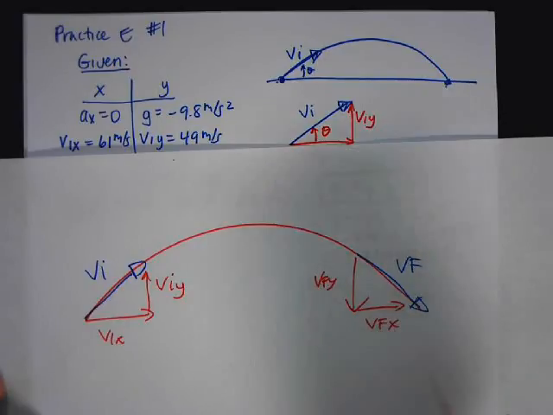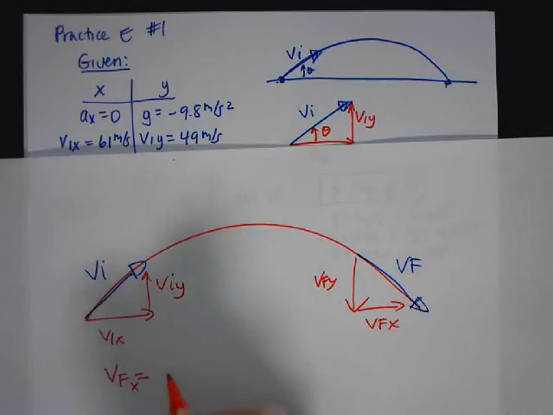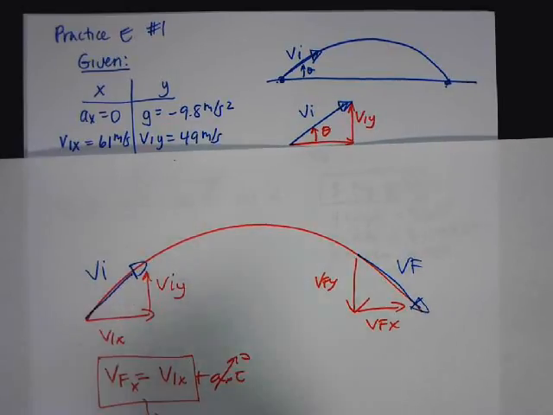Now, remember the other day we said VFX is equal to VIX plus AXt, but because AX is 0, we showed that the horizontal component of the velocity is constant. Remember, that never changes? Well, the same thing is going to happen here.